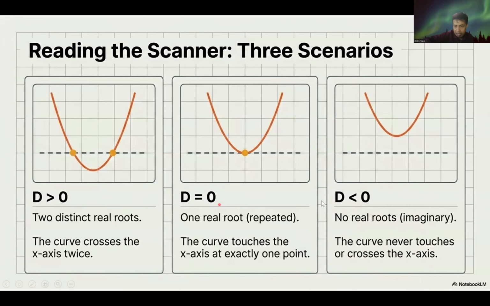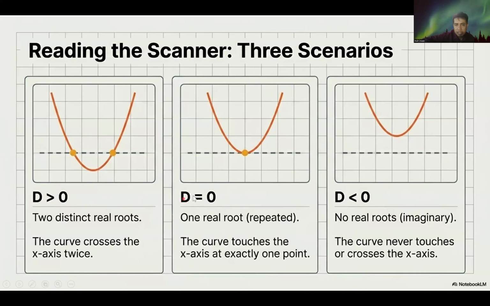These are the three conditions of the discriminant: more than 0, equal to 0, and less than 0. If the discriminant is more than 0, we get two roots that are real and distinct.